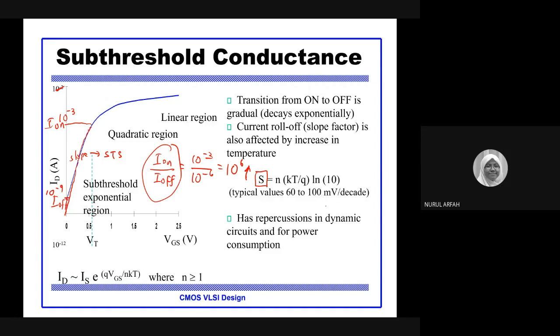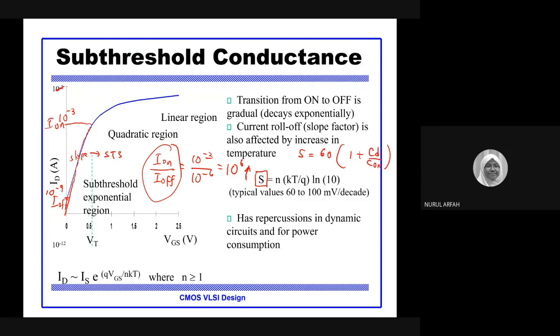Typically this value is equal to 60 to 100 millivolt. There's another equation for the sub-threshold slope, I think it is also in the textbook: 60 times 1 plus CD over COX.